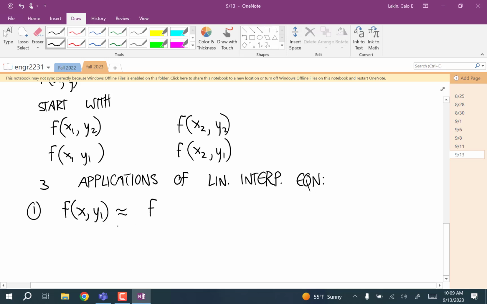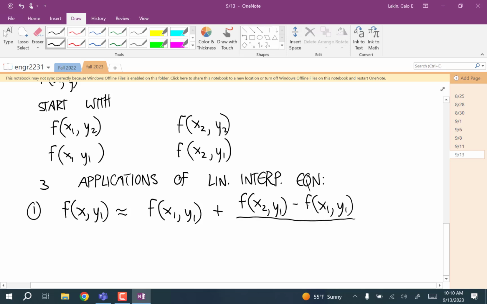For this application, we'll just leave y1 fixed. We know what that value is. And we'll do the interpolation on x. So this is going to be f of x1, y1 plus f of x2, y1 minus f of x1, y1.